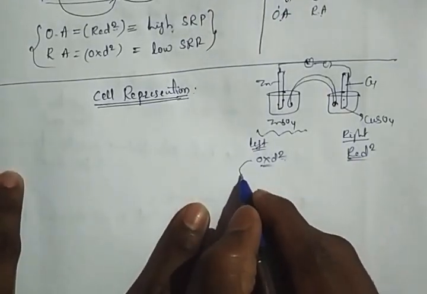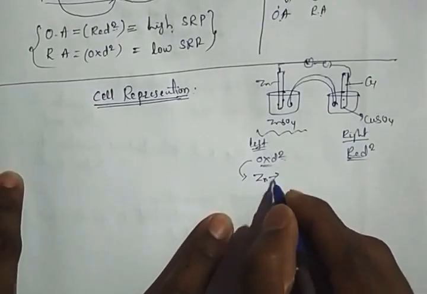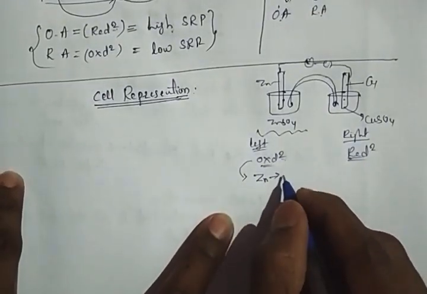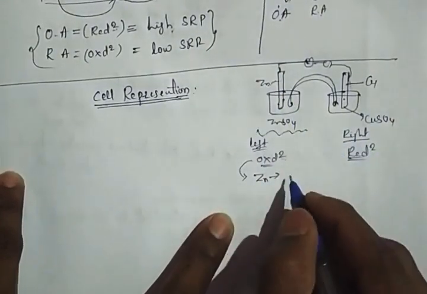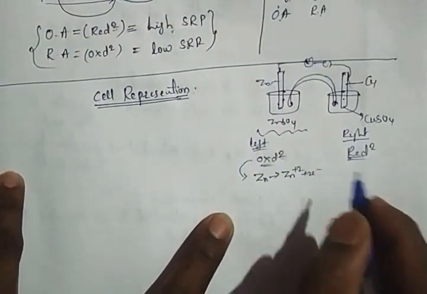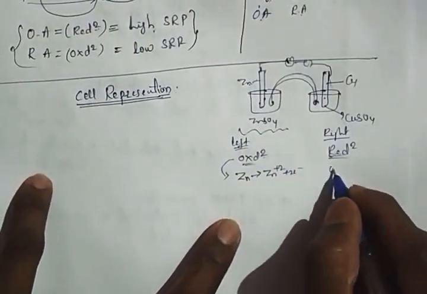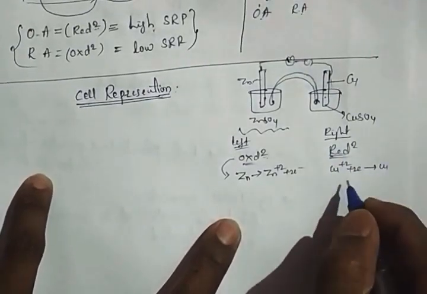Which reaction takes place in the oxidation half cell? Oxidation reaction. Here the zinc electrode is present, so it undergoes oxidation to give Zn2+ and electrons. Whereas in the reduction half, copper 2+ ion gains 2 electrons and undergoes reduction, right?